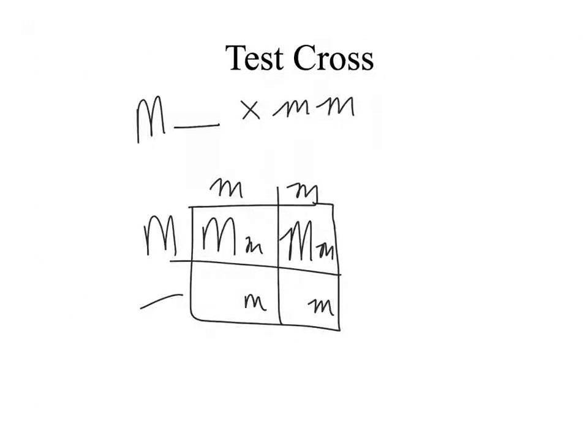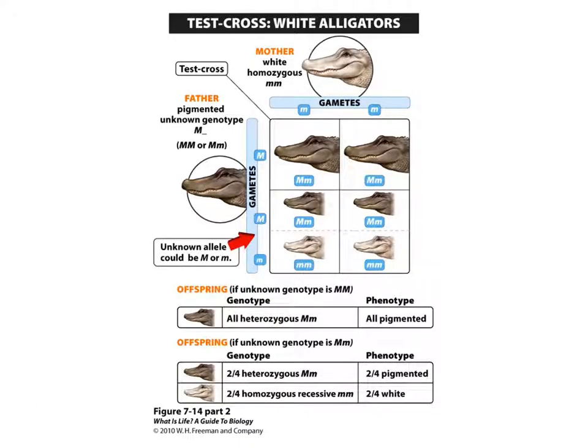From here, we have to look at the offspring to determine what is actually going on. There are only two possibilities. If the father is homozygous dominant with two big M's, we will see that all of the offspring will have a heterozygous genotype.